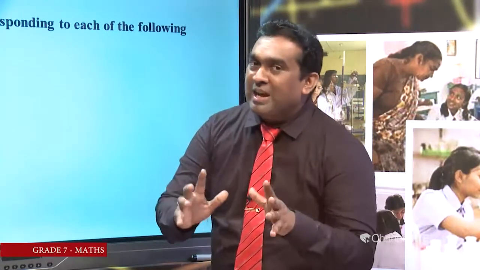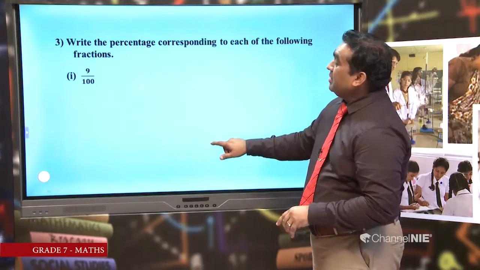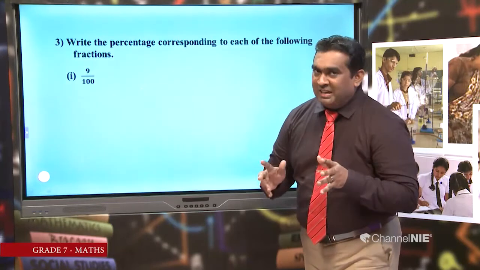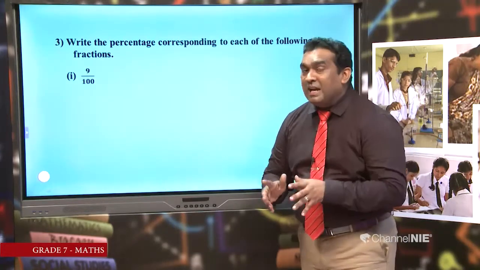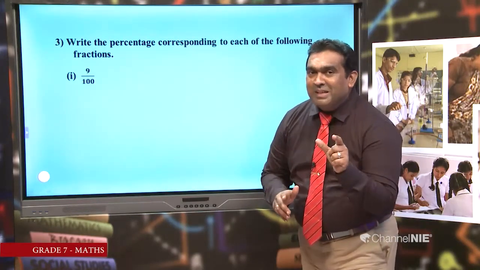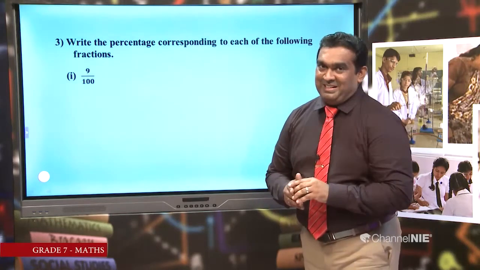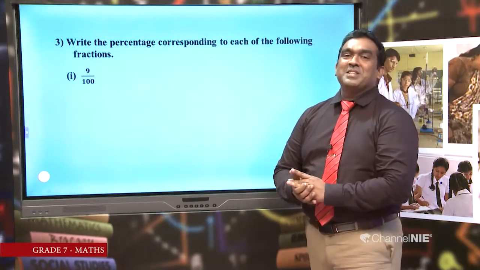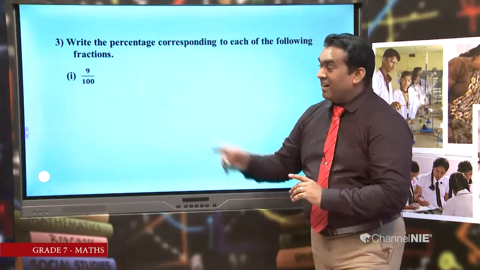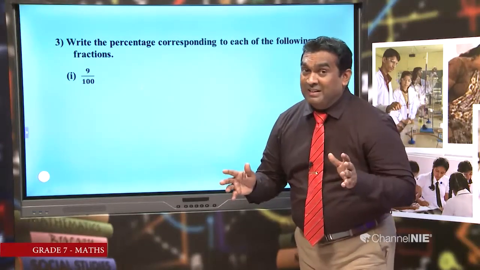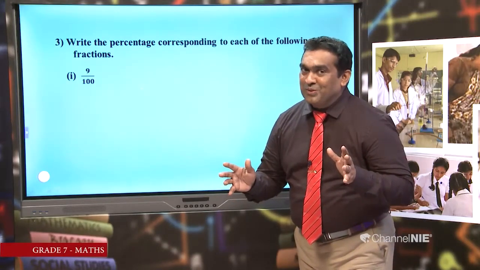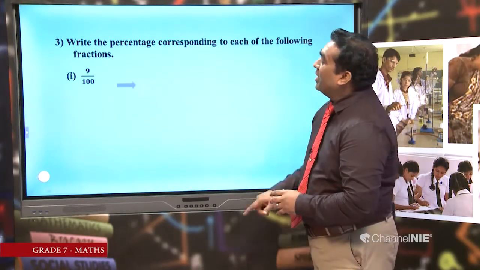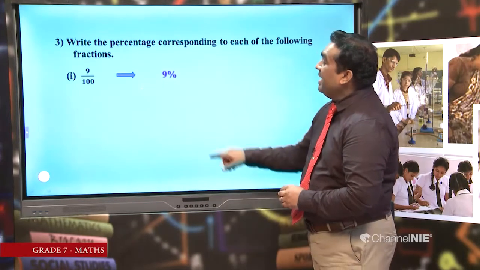Have a look carefully. The number above the line is 9. The number below the line is 100. Below the line means the denominator is 100. Therefore, this is a percentage. Why is that? 100 is in the denominator, as I told you earlier. 9 over 100, then we can say 9%.